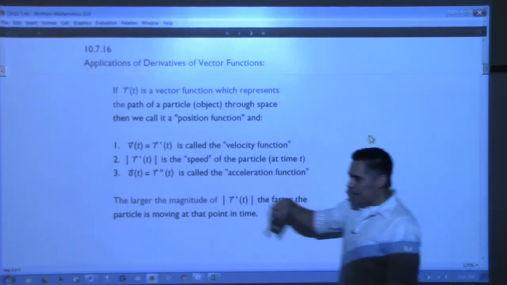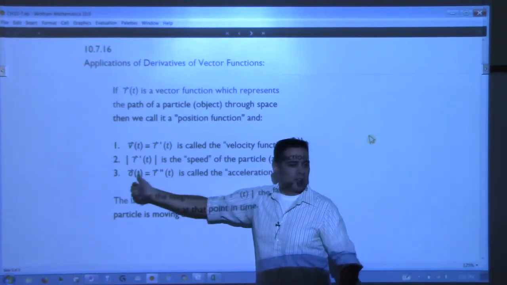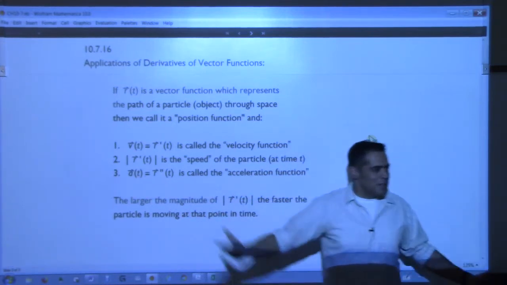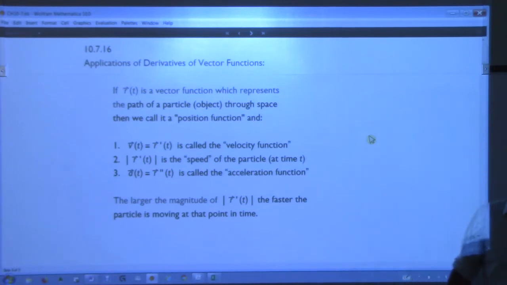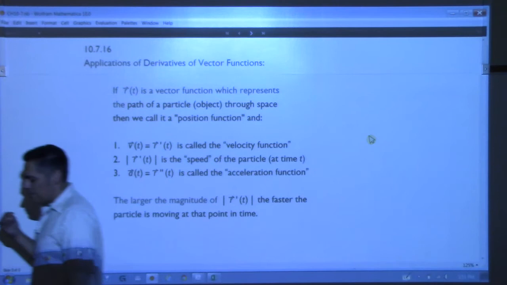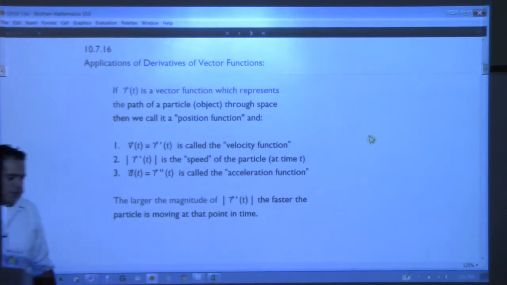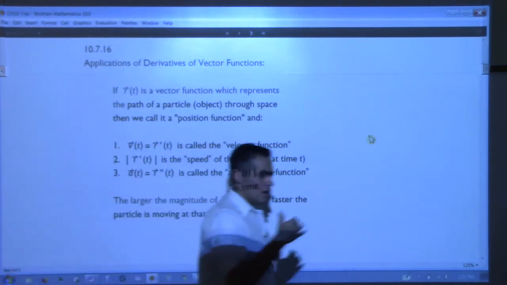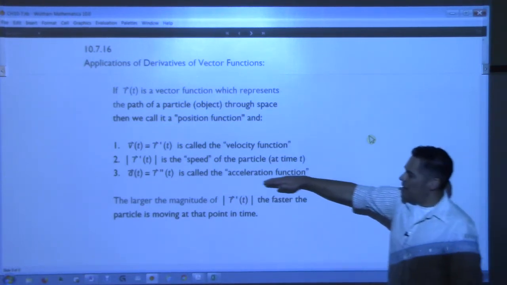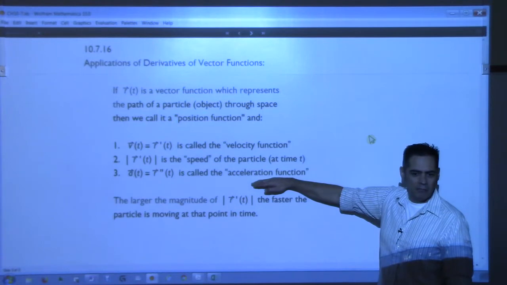Now, your second derivative is your acceleration function. But guess what? Acceleration is a vector still. So with vector functions in 3-dimensional space, the first derivative is a vector, the second derivative is a vector. The lengths of those things are speed and, well, there's really not a name for the length of the acceleration vector.